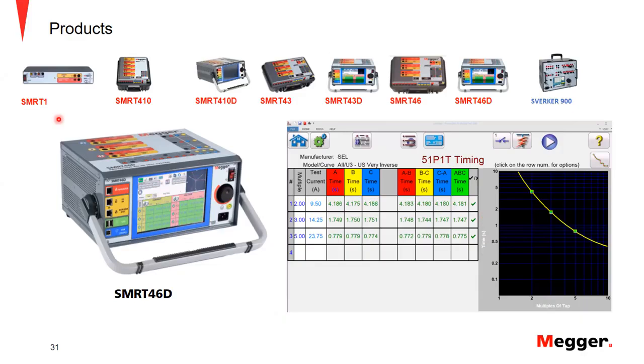We also have multiple SMRT units as well. At the top, we come down from the single phase unit to our 10 current unit, and then we also have display model versions, and then we also have the Sphericker down here. It's a really good test set as well. It can still perform the time current curve functions that we're doing here. Frequency, we can do a lot of testing with any of these types of devices.